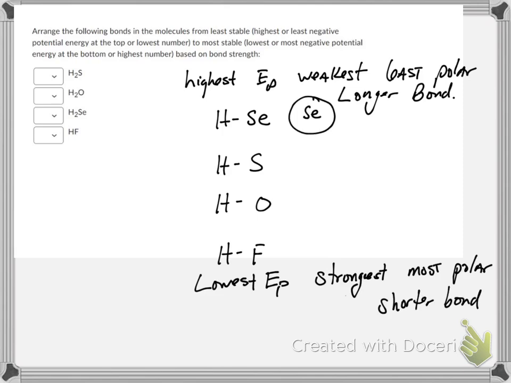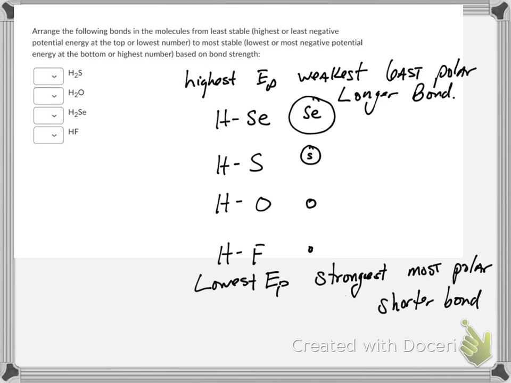When we look at selenium on the periodic table, it goes oxygen in row 2, then sulfur, then selenium. They're all in the same column. Selenium is the biggest, then sulfur, then oxygen, so oxygen is the smallest. When we go to ranking the bonds, H-selenium is going to be the weakest bond, then H-sulfur, and then H-oxygen. This is just the general trend of polarity.